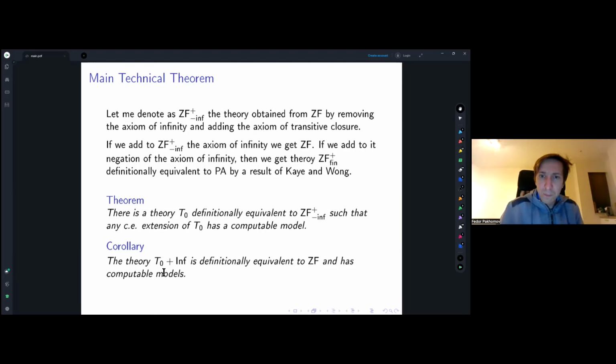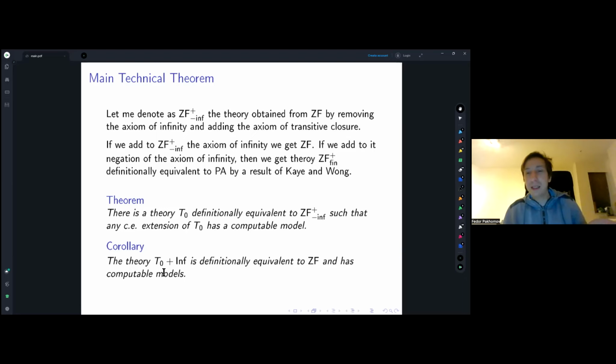What's important about this theory is that it has two natural extensions. Namely, we could either add the axiom of infinity to it, or we could add the negation of the axiom of infinity. Of course, if we add the axiom of infinity, then we simply get Zermelo-Fraenkel set theory.